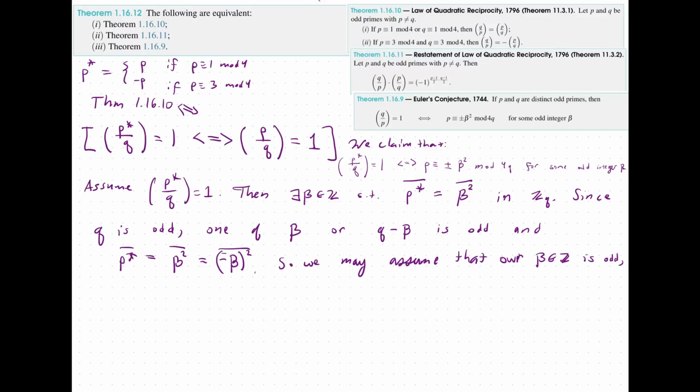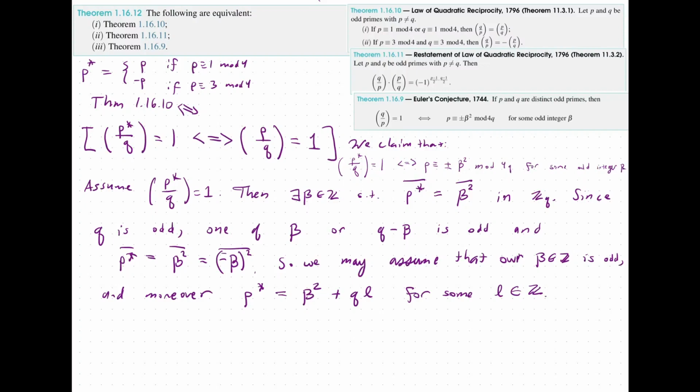Our beta is odd, and moreover, we have that P star is going to be equal to beta squared plus Q times L for some L in the integers. And so this is just saying, using the fact that P star is congruent to beta squared mod Q.